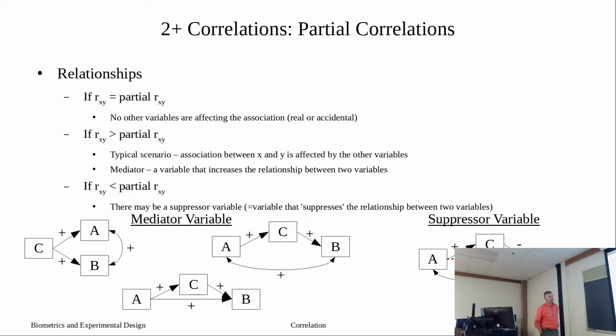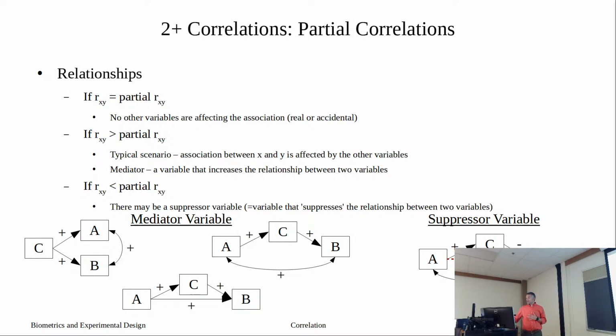Probably a good situation that I've set up is this one, where A has a positive effect on C, but as C gets larger, it causes B to decline. All right? So when we look at the actual correlation between A and B, maybe it's 0, maybe there is no effect.